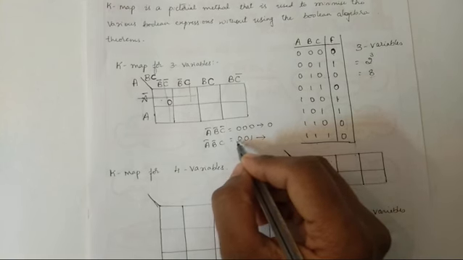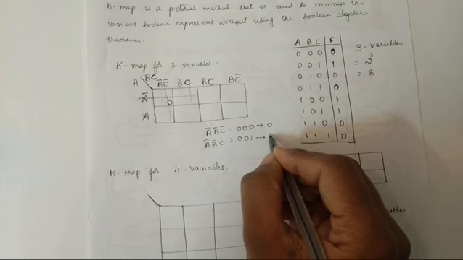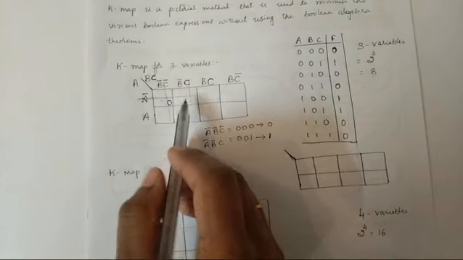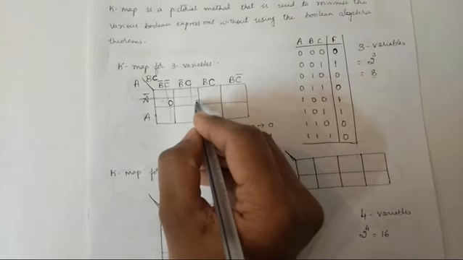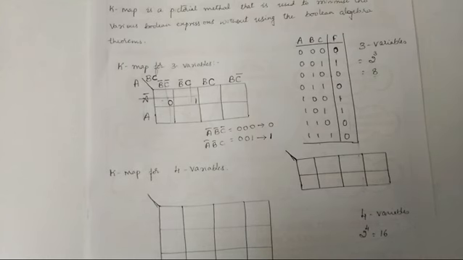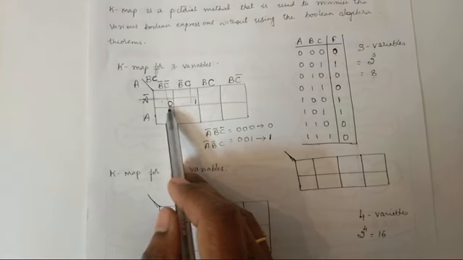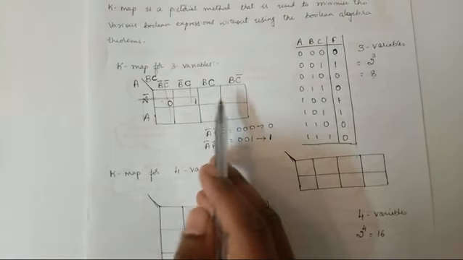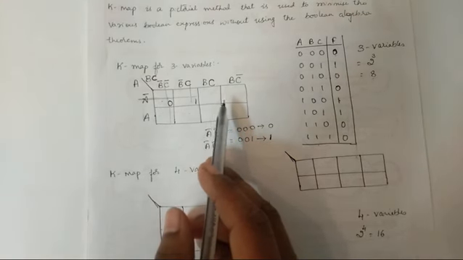The equivalent of this in decimal is 1. So the cell number of this block is 1. We have to write it in the right corner. You may think we will get 2 here. Why? 0, 1, next it must be 2. You may think like that, but it is not.